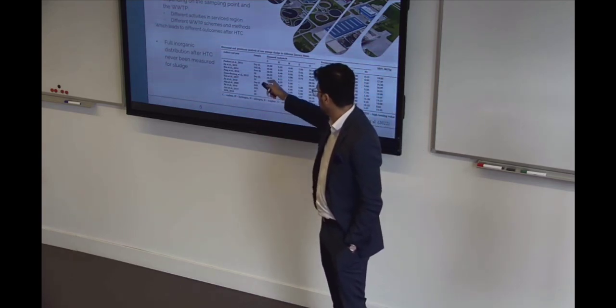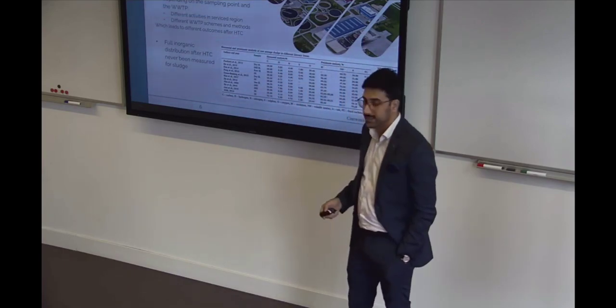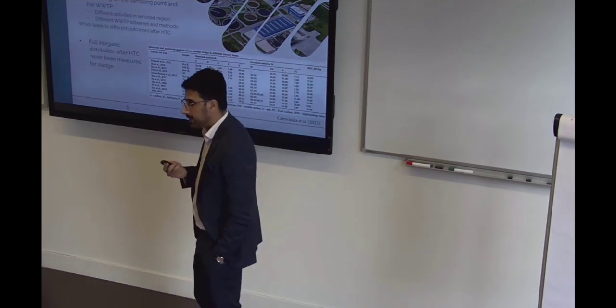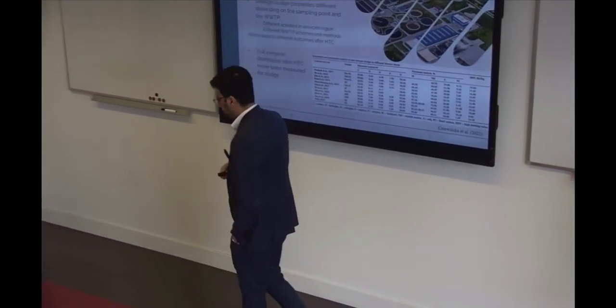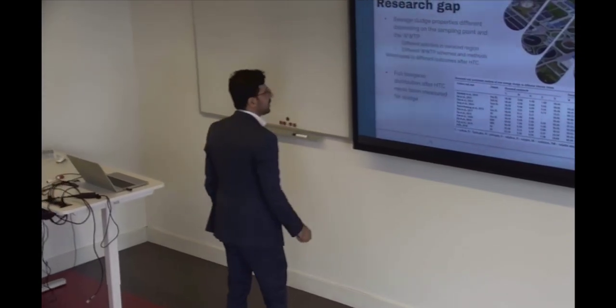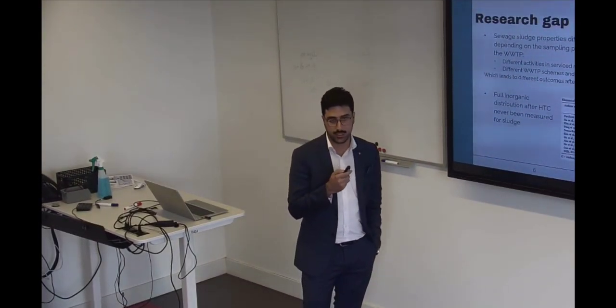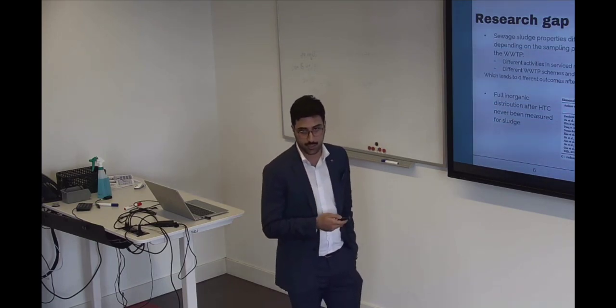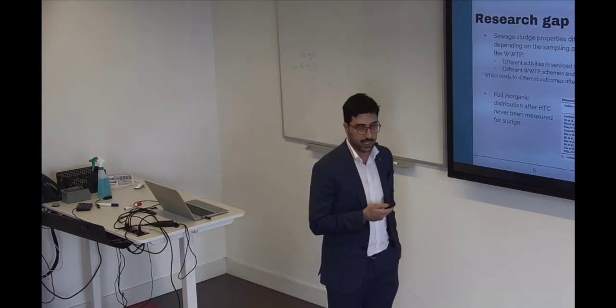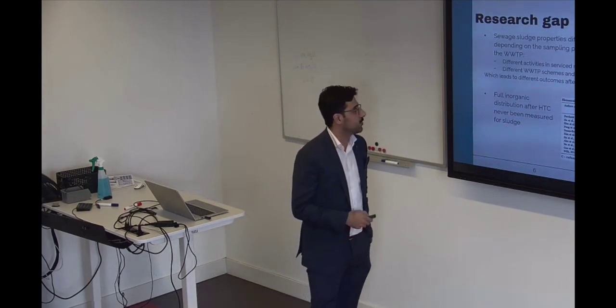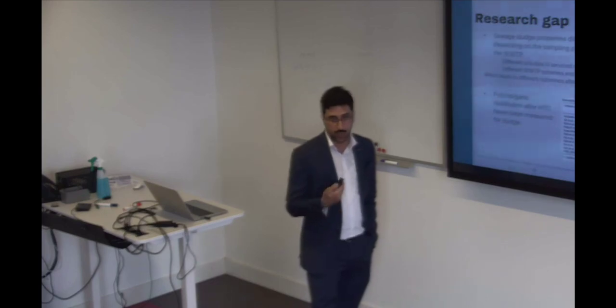You can see the elemental composition is different, and therefore gives you different applications and different characteristics. Not only the place, but also the collection point in the same wastewater treatment plant will affect your hydrochar and the HTC liquid, and lead to different outcomes.